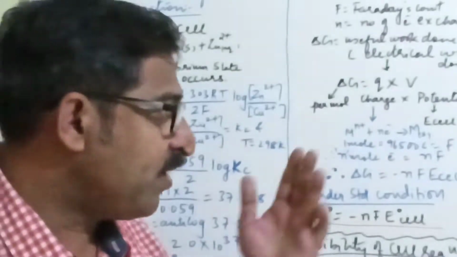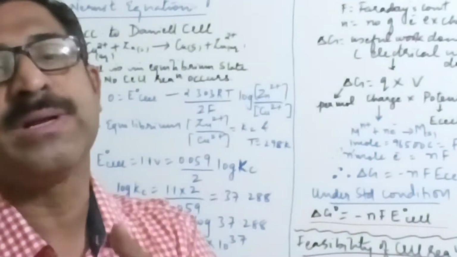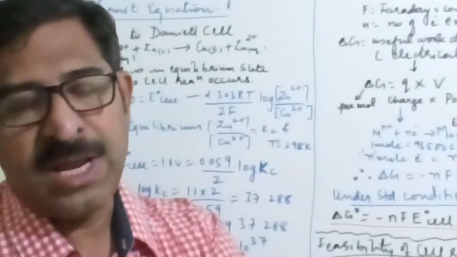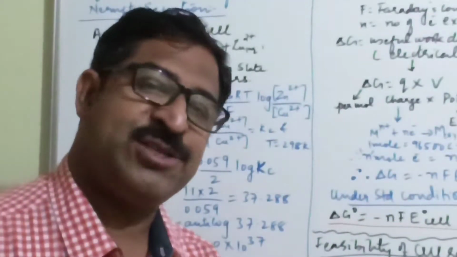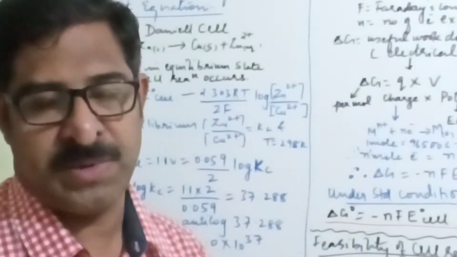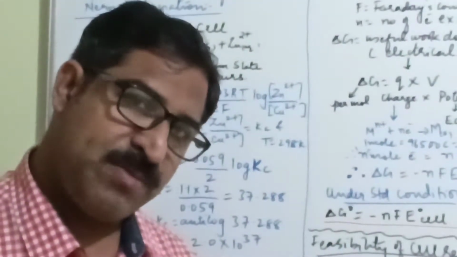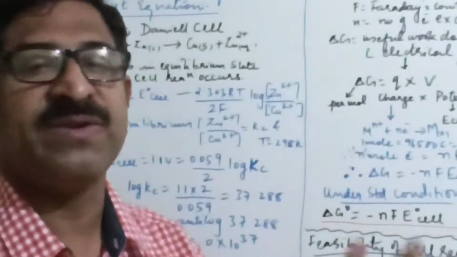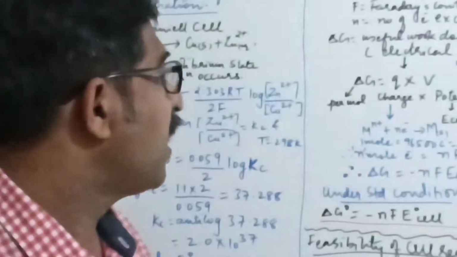That is, if you have a reactant A plus B giving product C plus D, the rate of forward reaction and the rate of reverse reaction has to be same. So we say the reaction is in the state of equilibrium. That means no more product will be formed and no more reactant will be formed. Rate of forward and the rate of reverse reaction are same.